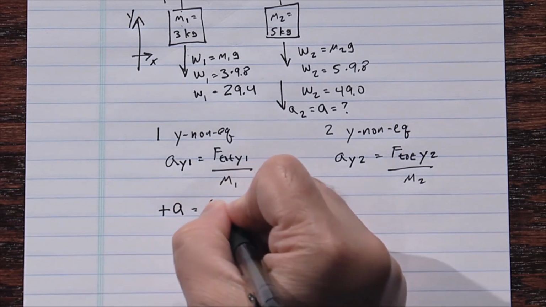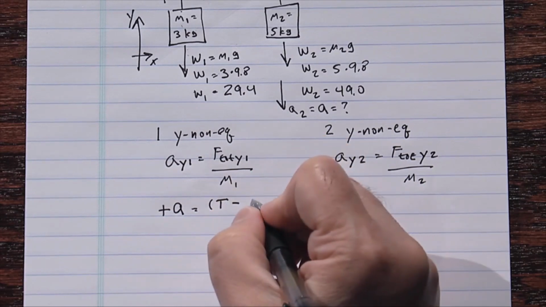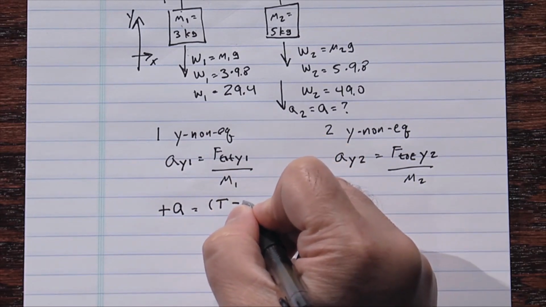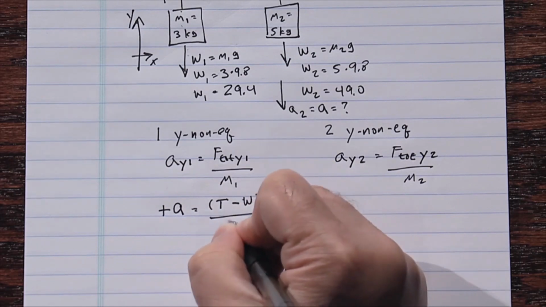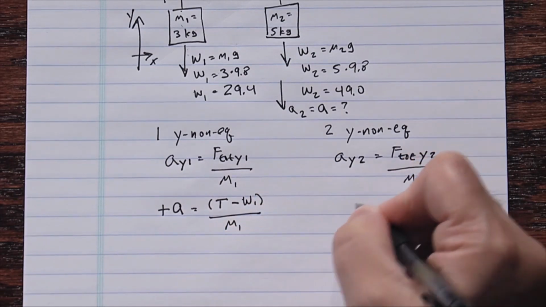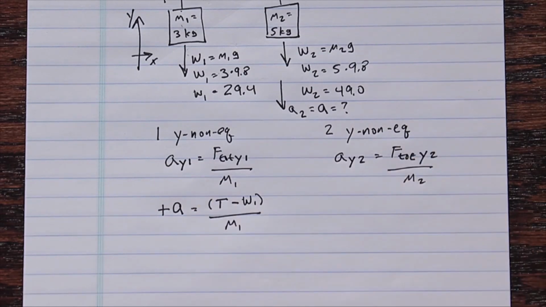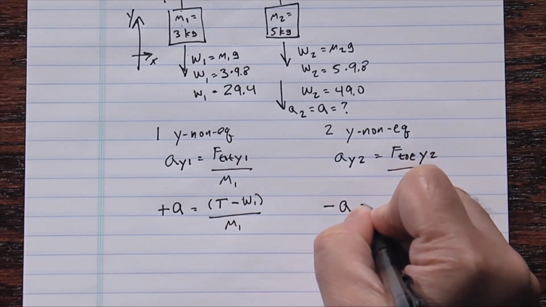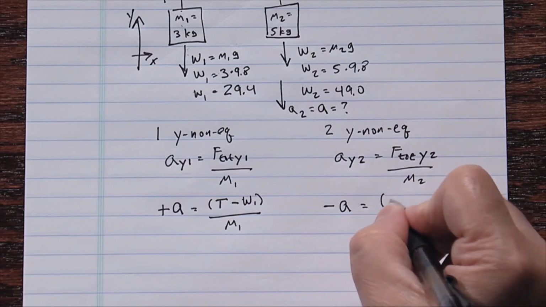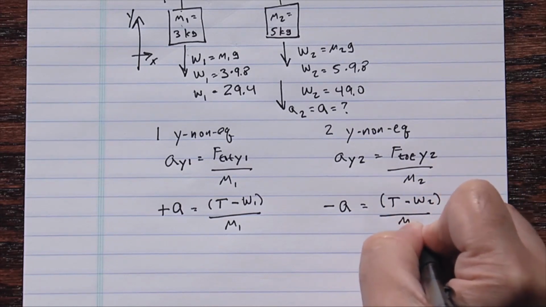The upward force is T minus its weight. So actually I'll go ahead and write weight 1 divided by mass 1. Block 2 is accelerating downwards, we assume. So we have minus A is equal to tension minus weight 2 over mass 2.